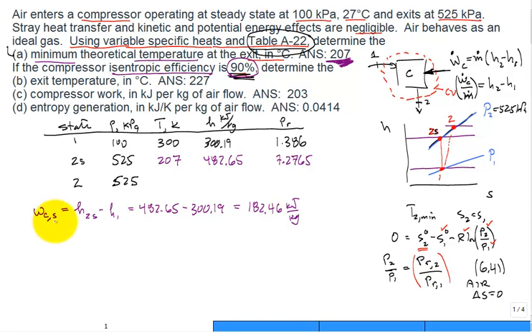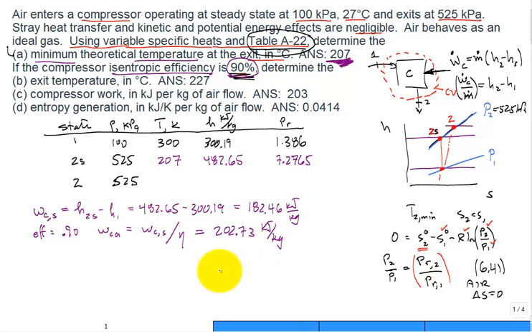Well, we have an isentropic efficiency of 90%, so the work the compressor actually needs is larger than the work the compressor would need if it was isentropic, by dividing that smaller amount by the isentropic efficiency of 90%. So we find that the compressor work needed is 202.73 kilojoules per kilogram.